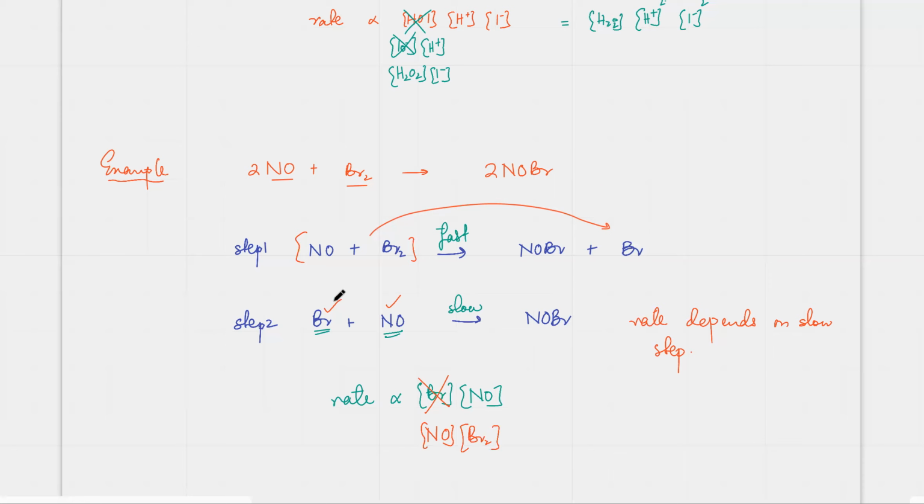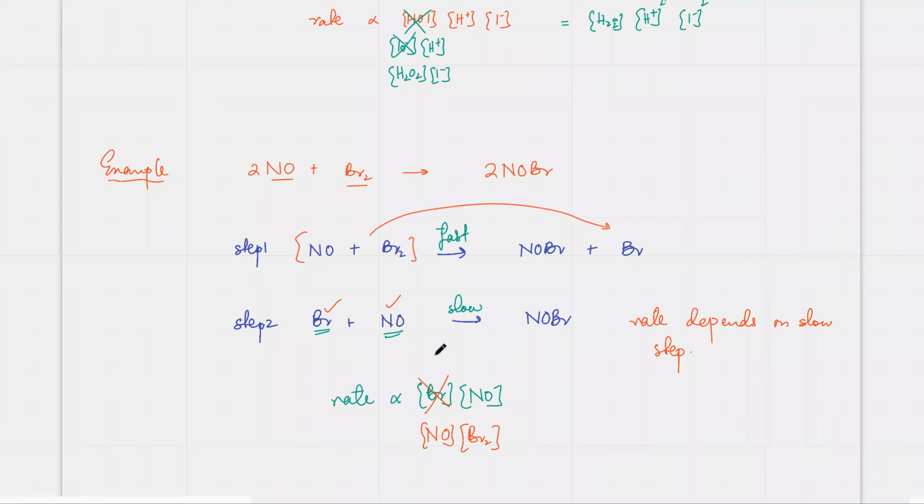So when I said that rate depended on BR, it actually indirectly depended on NO and BR2 because they were making BR. So they would come into the expression.